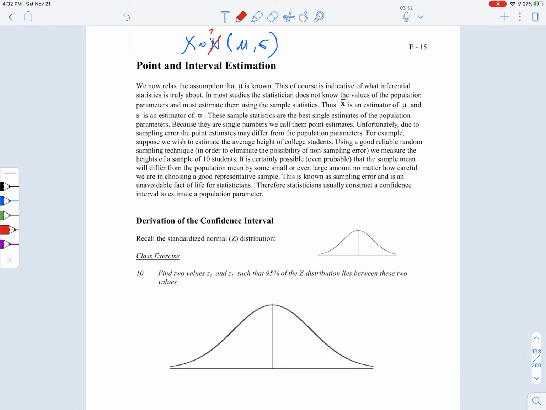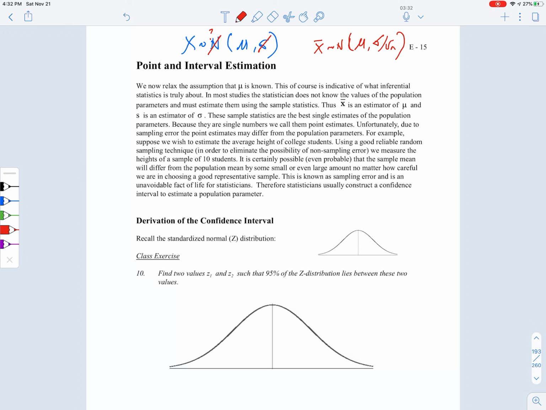Not a problem. As long as your sample size is at least 30, then the central limit theorem kicks in and says regardless of the parent population, the distribution of all possible sample means, that is the x bars, will be approximately normally distributed with a mean equal to mu and a standard deviation of sigma over the root of n. That's what the central limit theorem says.